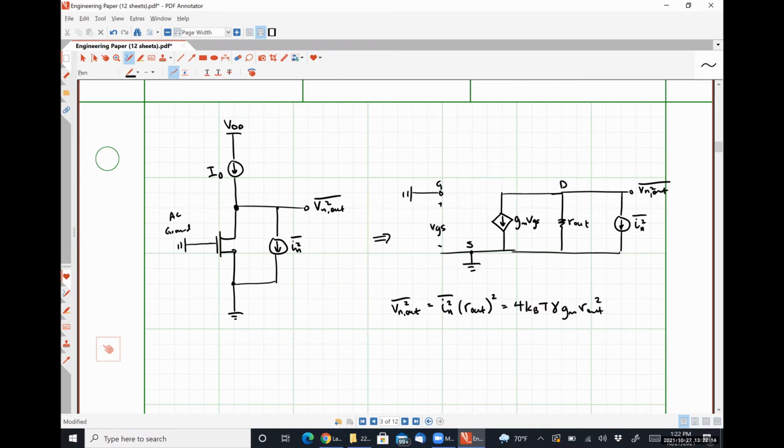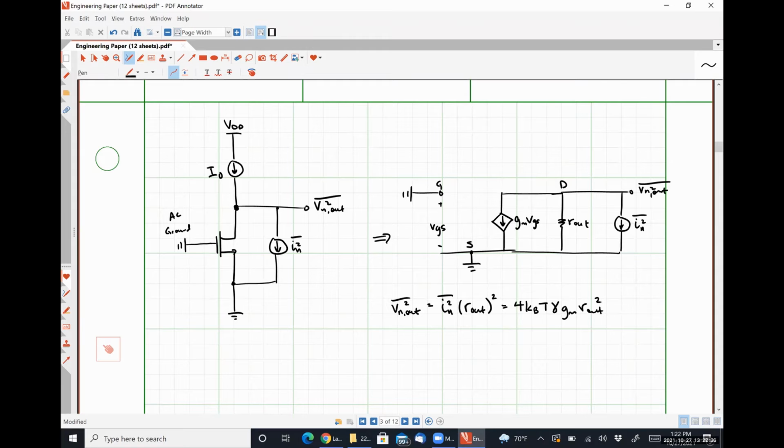Now, what's particularly interesting about this is that I set the circuit up as a common source amplifier, but this would be exactly how a common gate amplifier would behave as well, right? Because whenever we're doing any of these noise calculations, we're zeroing out our input signal.